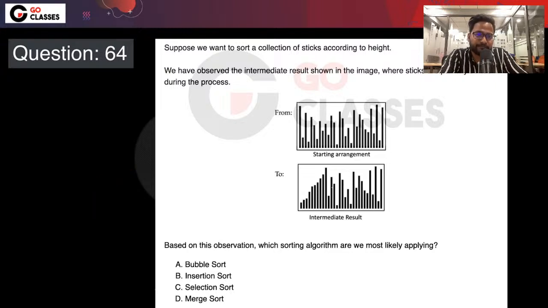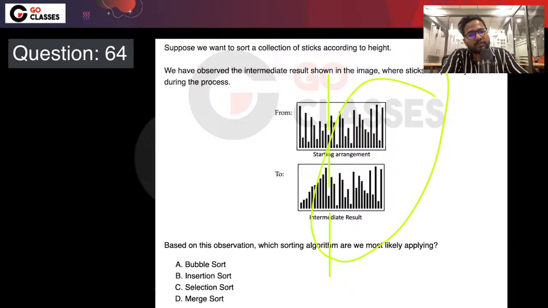Why? Because this is the initial stick position. Now what does insertion sort do? It keeps on sorting from the left, keeps on inserting. If you notice, after the stick position, including the stick, nothing has changed.